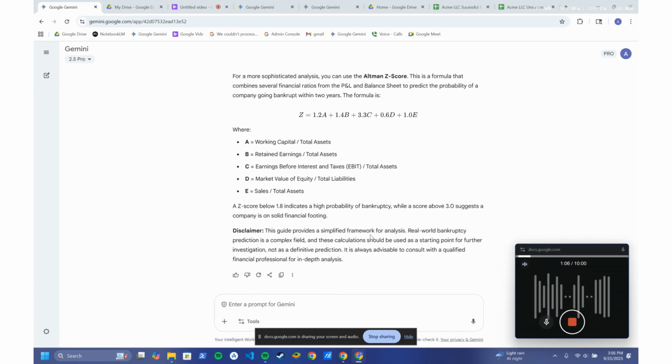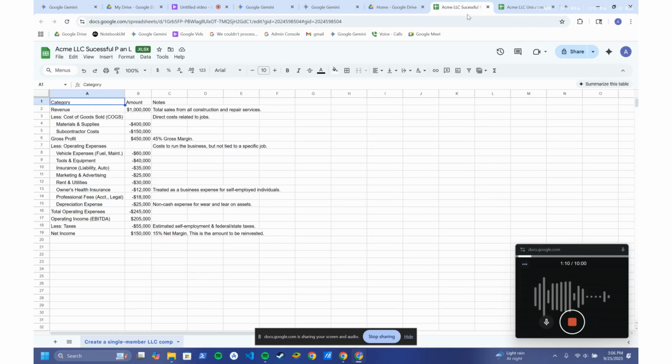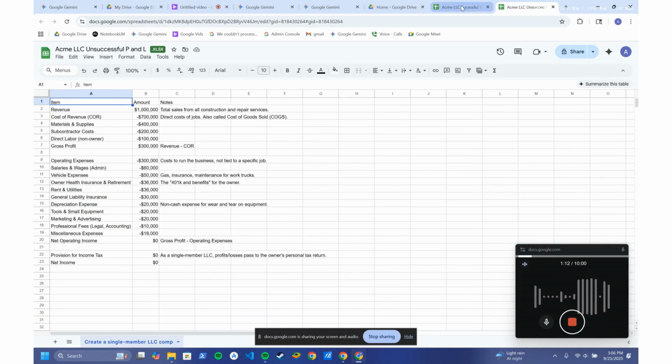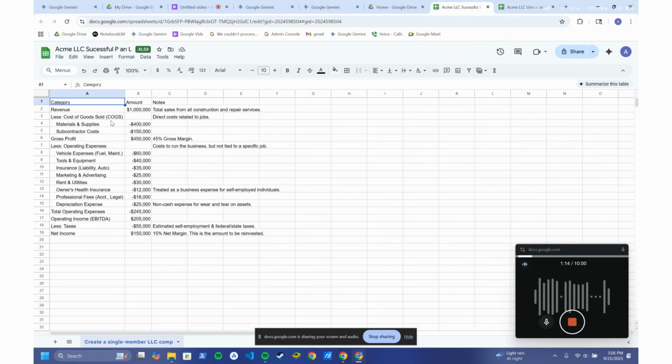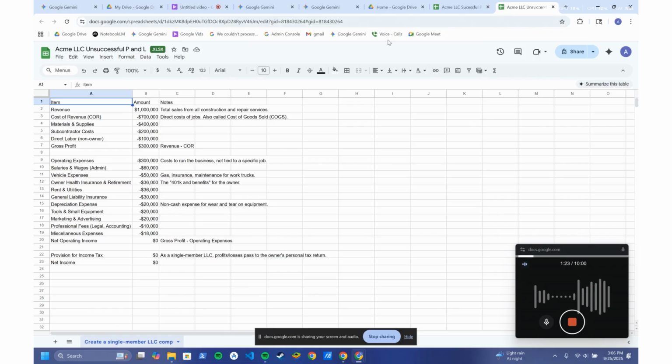So what we can do instead is I've put together a successful company and an unsuccessful company. So you can see cost of goods sold here is 550,000, whereas you're looking at a cost of goods sold as substantially more than that here, 700,000.